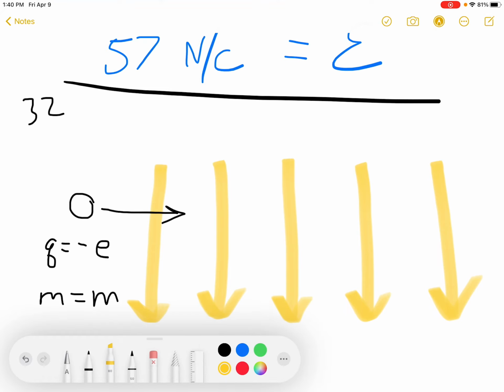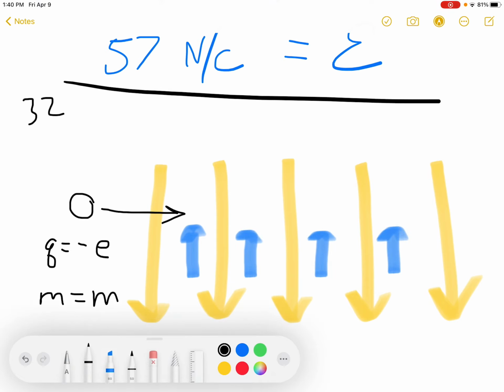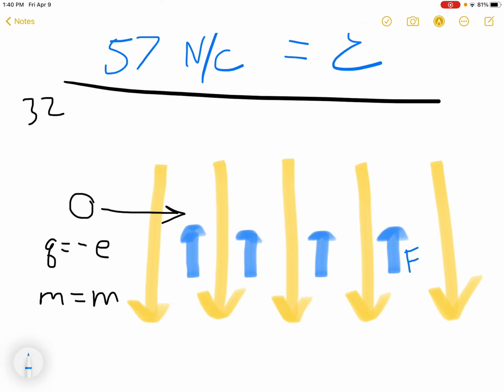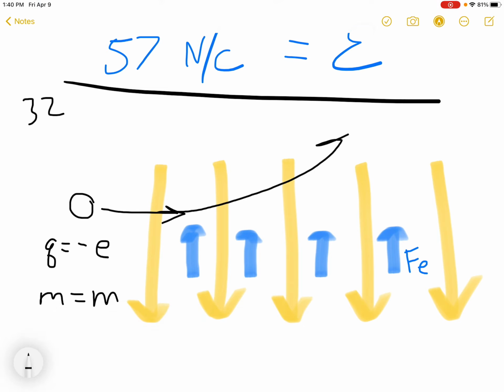So what will happen is as soon as this goes in here, there will be electric force pushing it sort of up this way. That's electric force, Fe, pushing it up, which means its path will begin to get pushed up and it'll curve up like this.